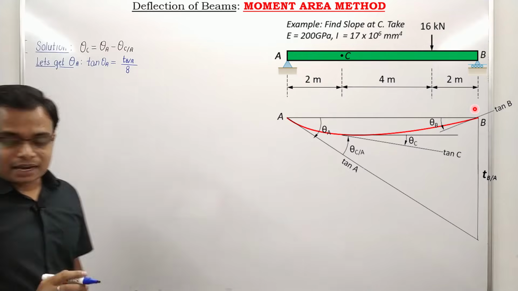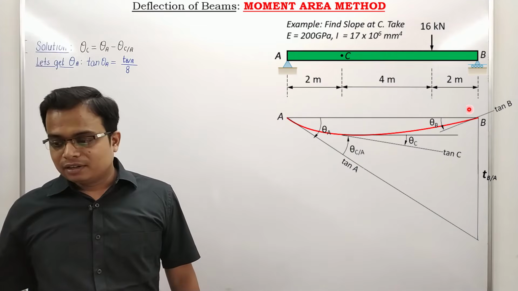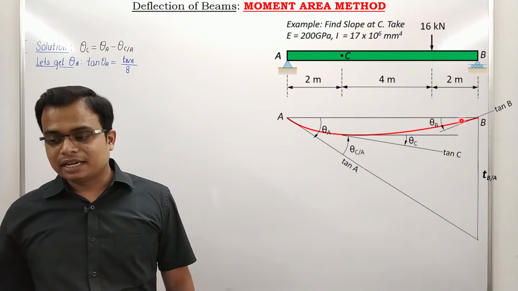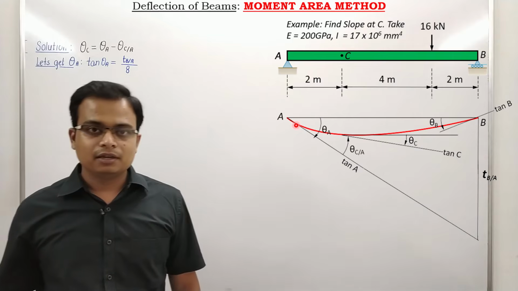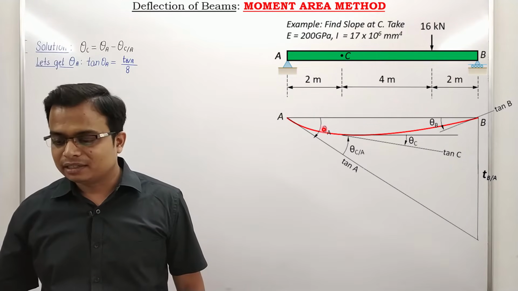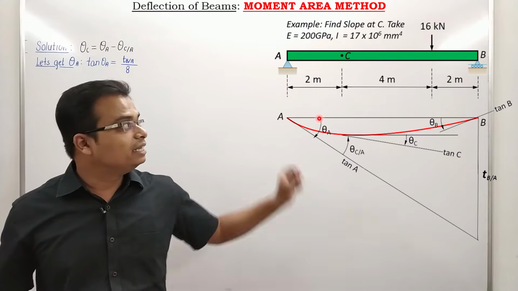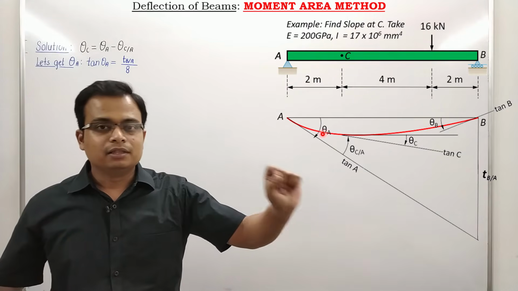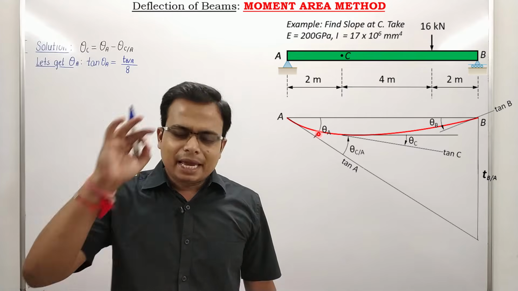Now, this elastic curve, as I told you, is an exaggerated form. Originally, no beam deflects in this manner. The angles of deflection, the slopes at the end points, that is at A and B, are extremely small.